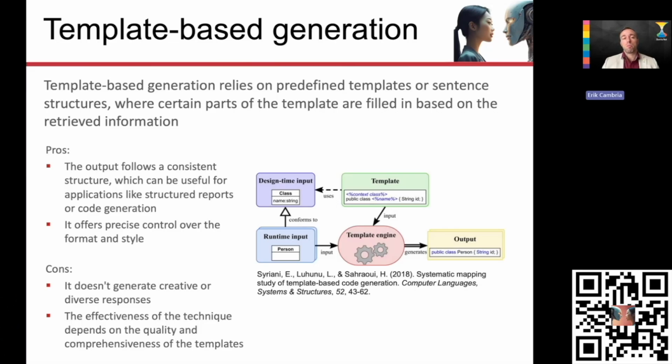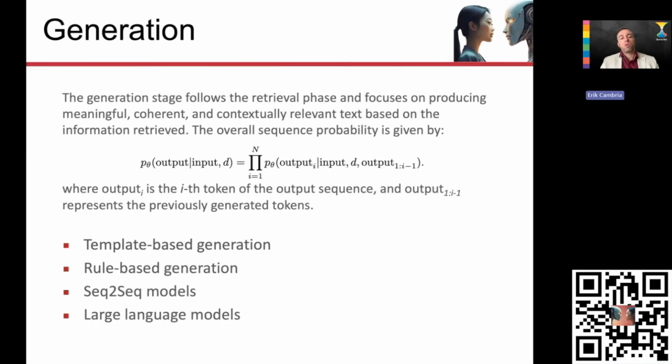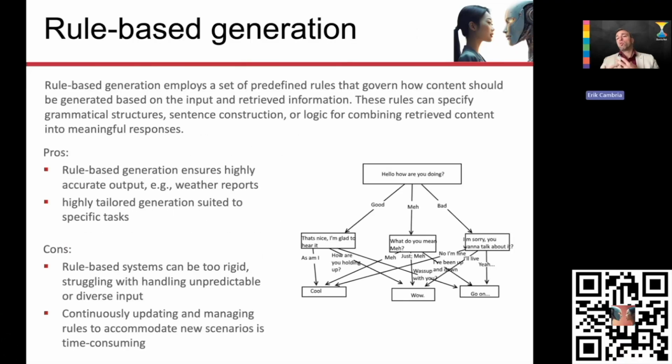You can just use a template and force the generator to just fill in the blanks, basically. The next step, when you don't have fixed templates, is to apply some rules. So in this case, you don't have fixed reports or fixed templates, but you can still create a relatively simple generator that is based on rules.